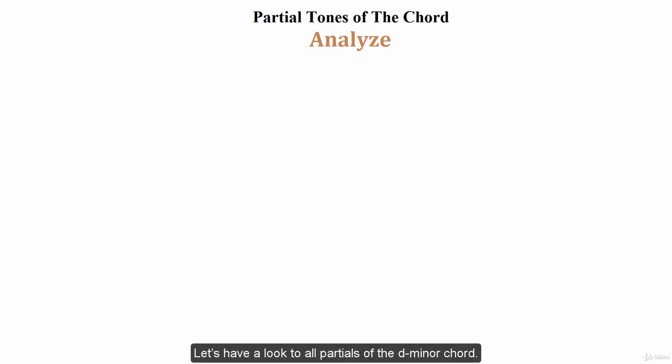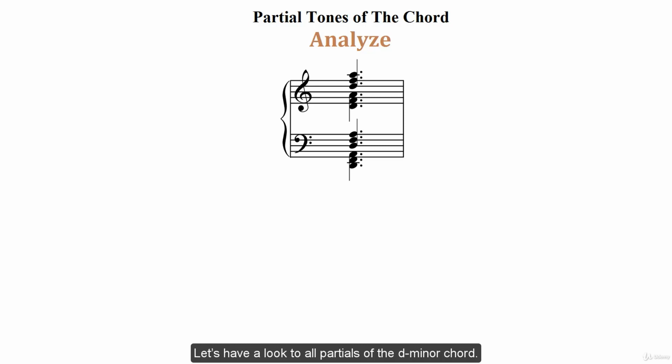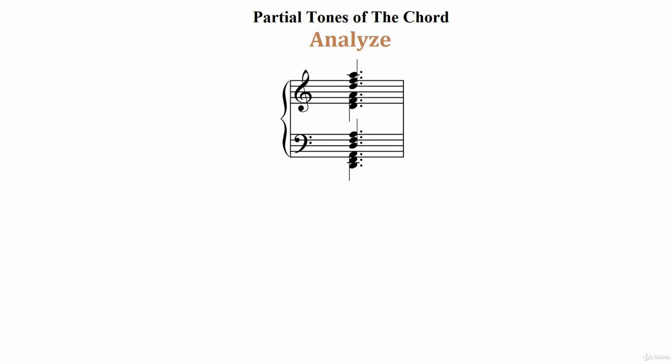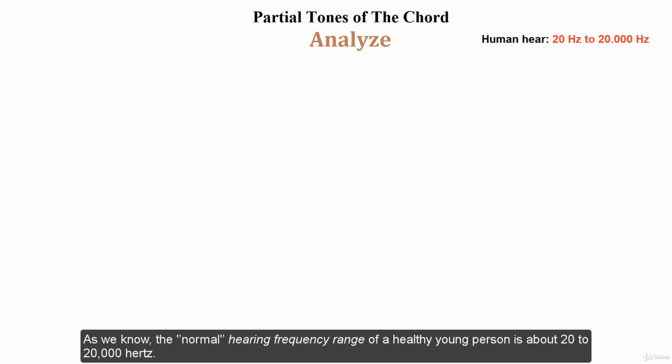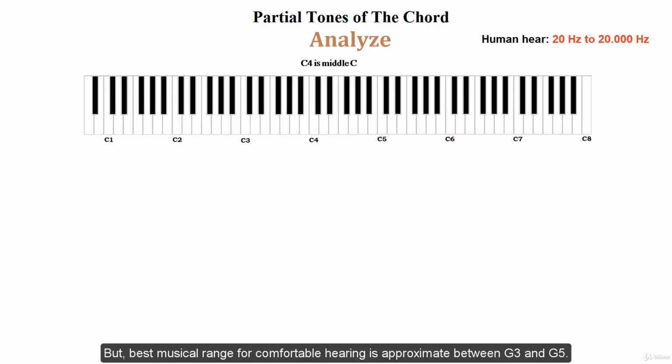Let's have a look at all partials of the D minor chord. I want to analyze low, low-medium, medium and high chords in D minor. As we know, the normal hearing frequency range of a healthy young person is about 20 to 20,000 Hz. But the best musical range for comfortable hearing is approximately between G3 and G5.